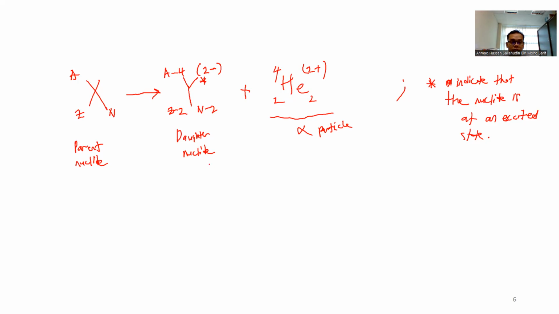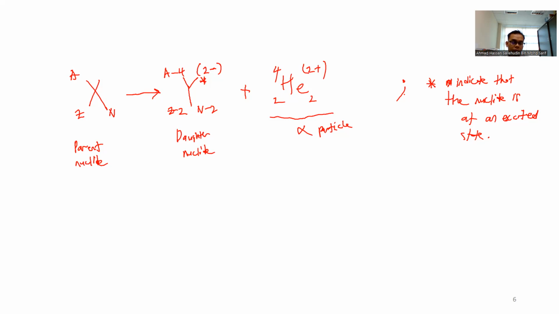So it still has some energy, which will be converted into gamma decay later on. Later on, I will explain the gamma decay.